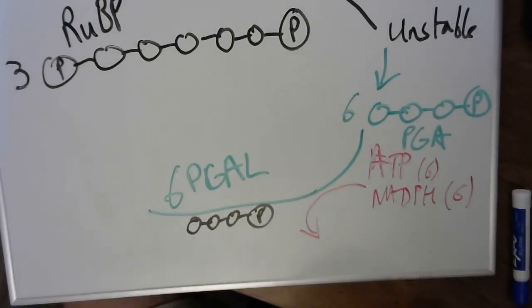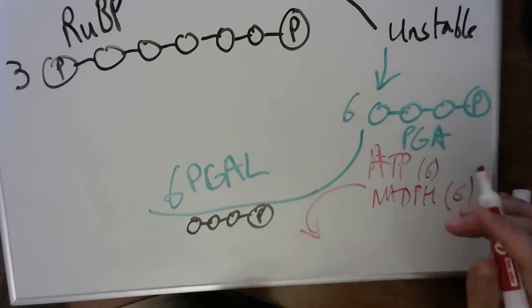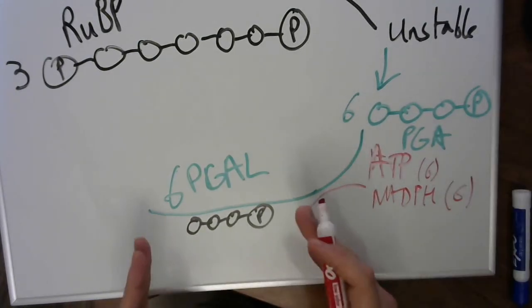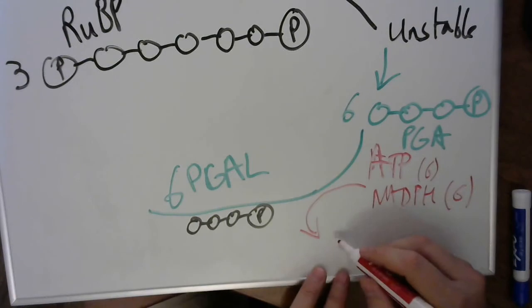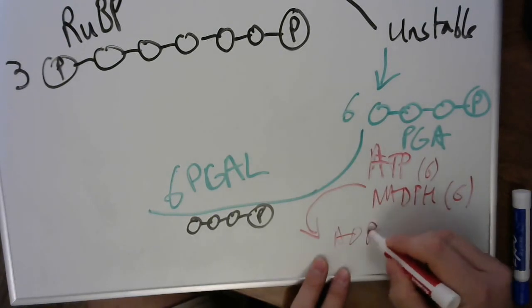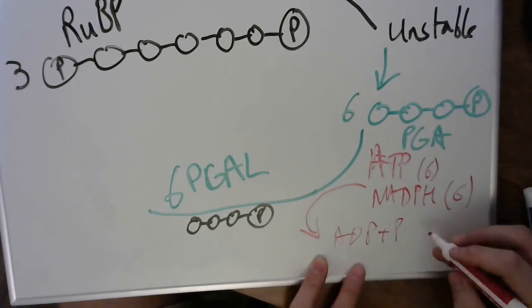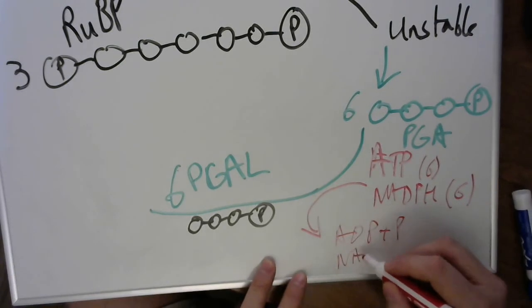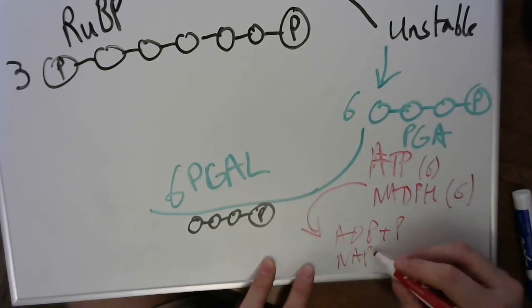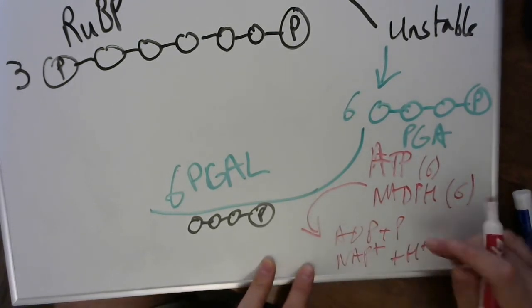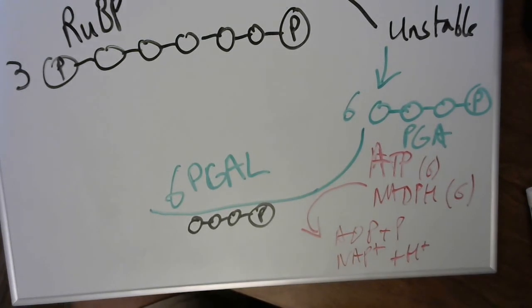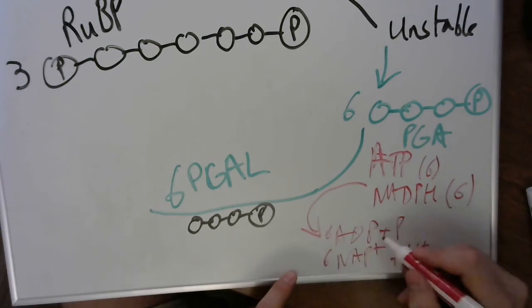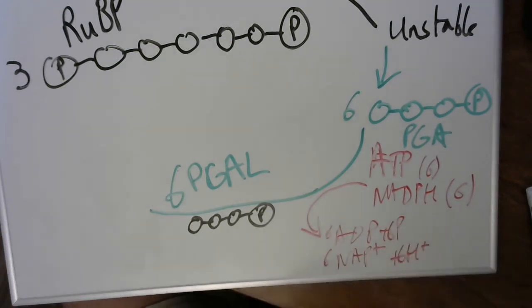All you need is to use energy to reconform that molecule of PGA into a molecule of PGAL, right? In the process, you get ADP plus P, and you get NADP plus H plus. You have 6 of those because you start with 6. That's how you get your PGAL.